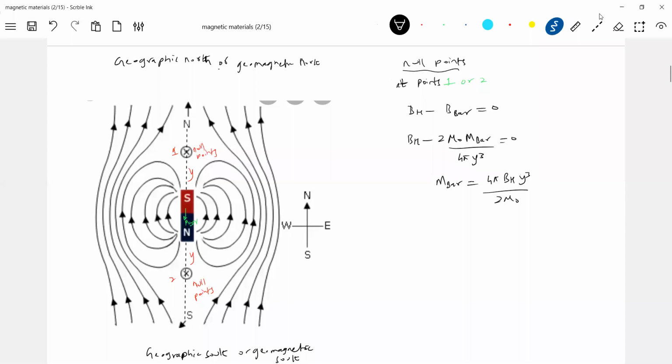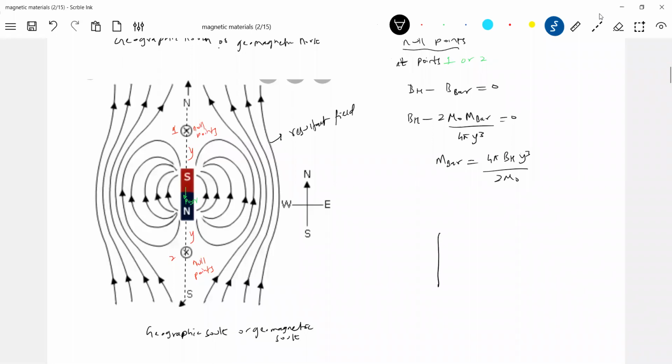So what we have is the resultant field. What is the basic structure? There's a bar magnet, south and north. Now we'll show the lines of force.